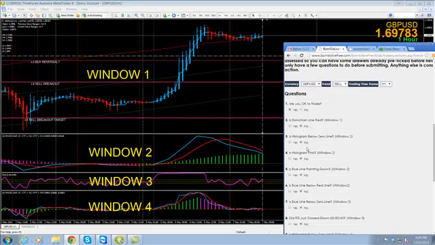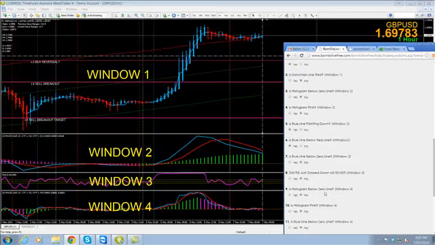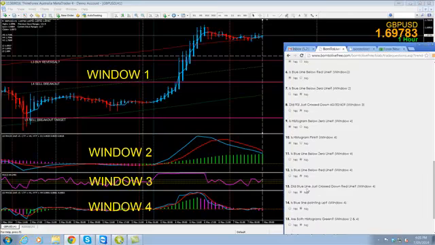No, it's not red, it's not below zero, it's definitely not pink, it is pointing down, it is below the red line, it's not below zero. RSI did not cross down, as you can see it's pointing up. Histogram below zero, yes. Histogram pink, yes, all from window 4.